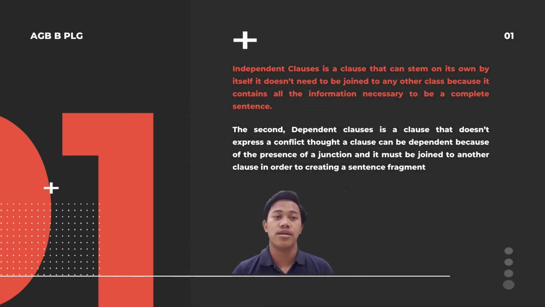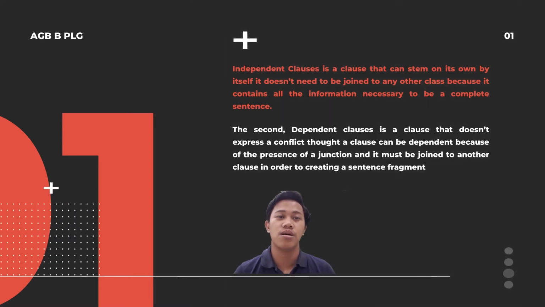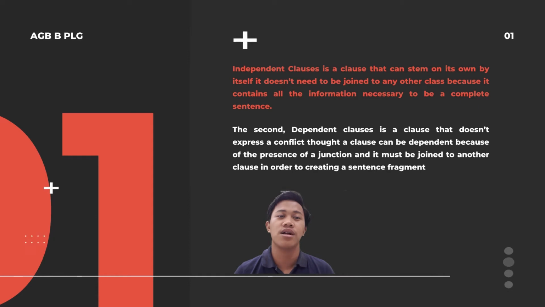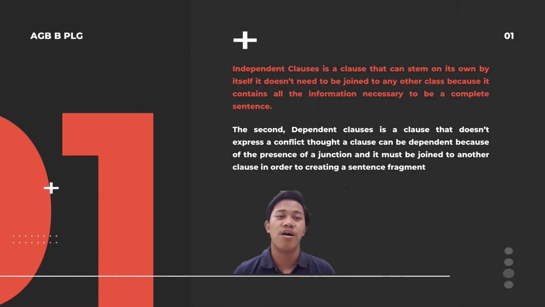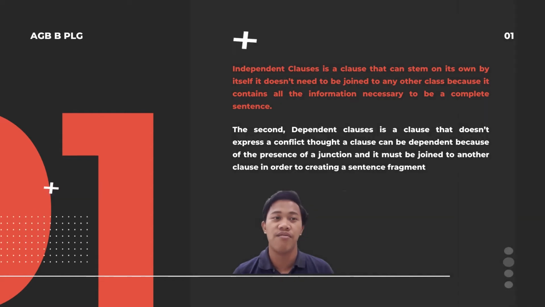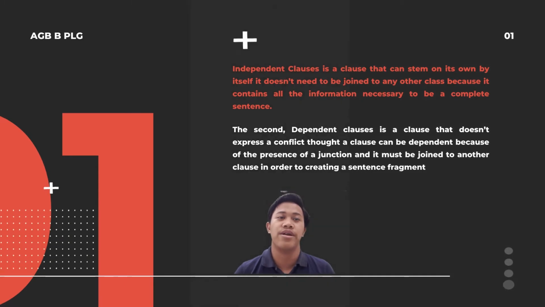The second, dependent clause is a clause that doesn't express a complete thought. A clause can be dependent because of the presence of a conjunction, and it must be joined to another clause in order to avoid creating a sentence fragment.